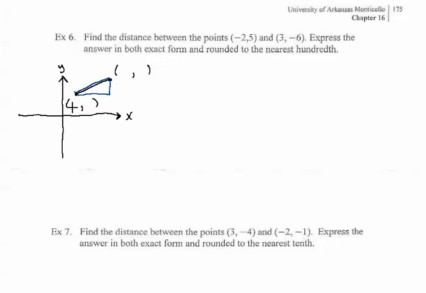Let's suppose that we had the points 2 and 3, and then the coordinates of this point were maybe, let's say, 6 and, I don't know, 5.